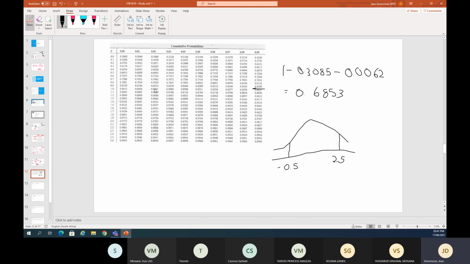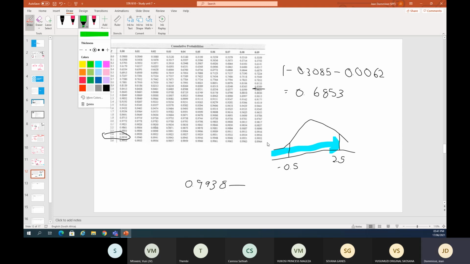Okay, so we use this table, we get that whole blue area, and that whole blue area at 2.5 is 0.9938. All that we do is subtract the smaller area, the green area, because that will give us the area in here that we are looking for.